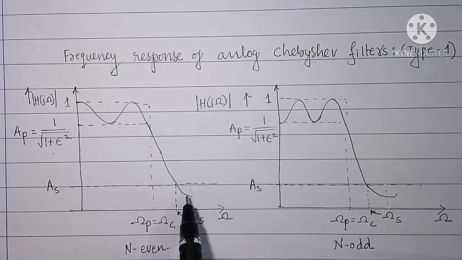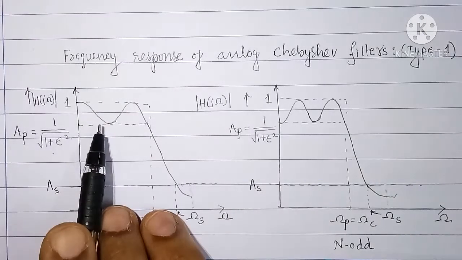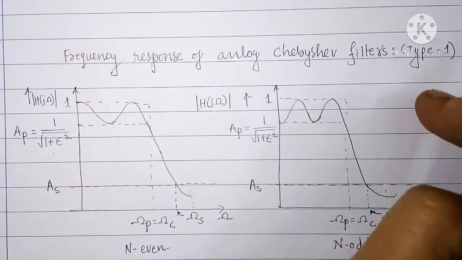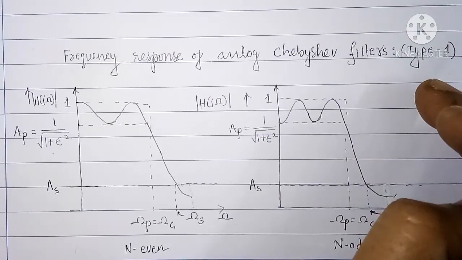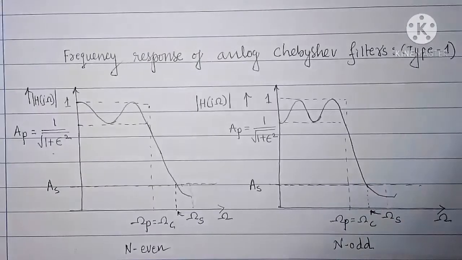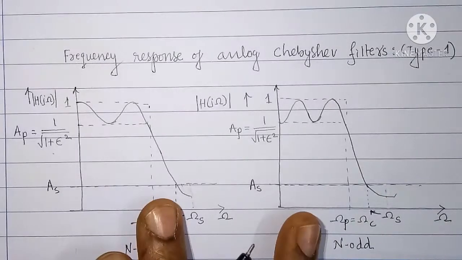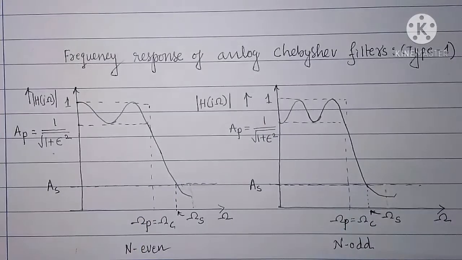That is, there are no ripples in the stop band. Only the ripples are found in passband. That is why it is type 1 analog low pass Chebyshev filter.